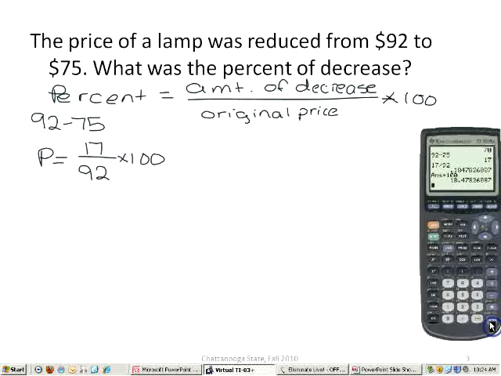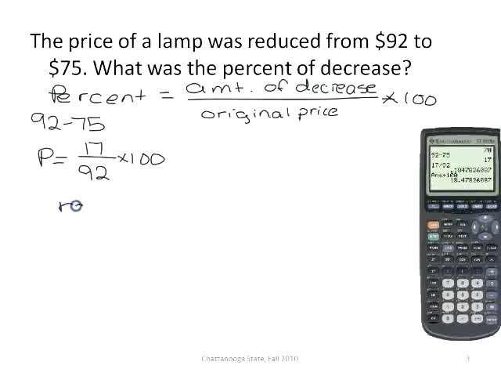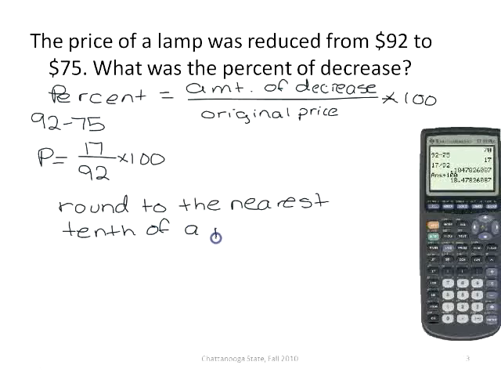Now here, this does not come out to a whole number. Doesn't even come out to a nice round number. So in cases like this, you're often instructed where to round. If we want to round this, often we round to the nearest tenth of a percent.